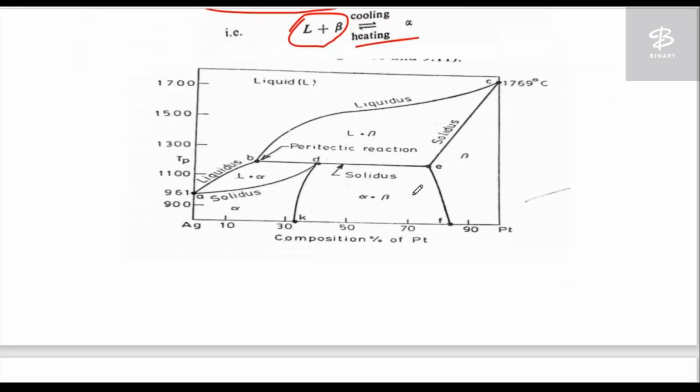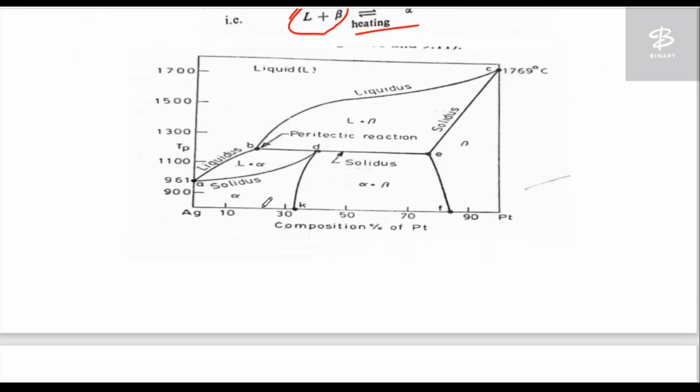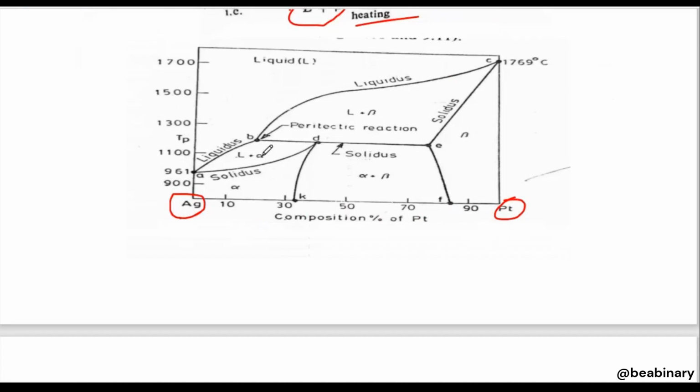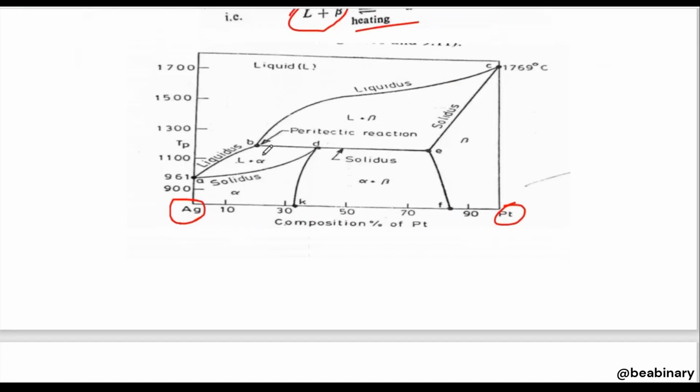Here is the diagram. As you can see, this is taken for the example of Ag, meaning silver, and Pt, meaning platinum. When they are combined together to make an alloy, we have this particular peritectic point.